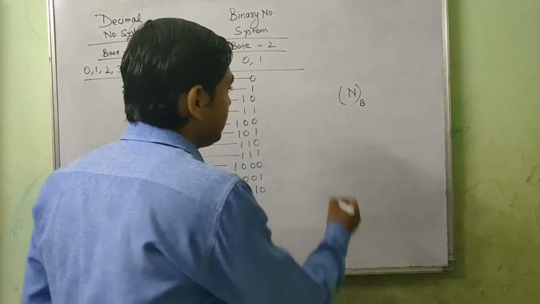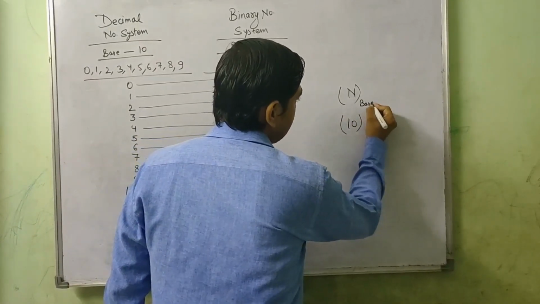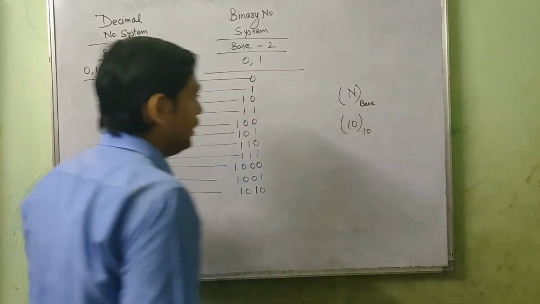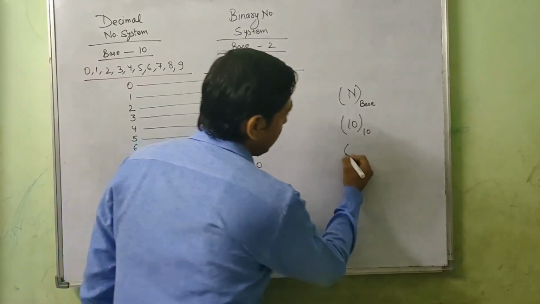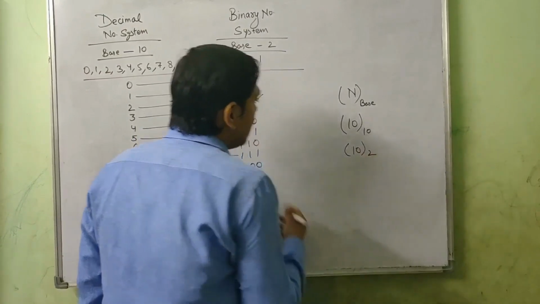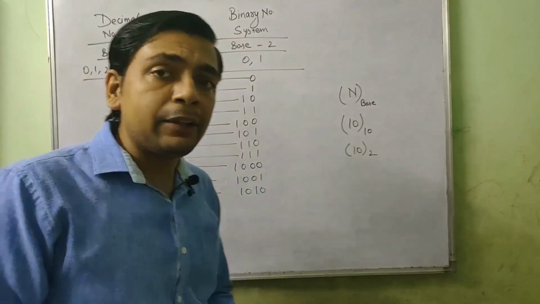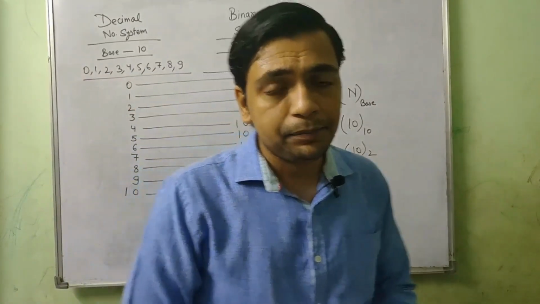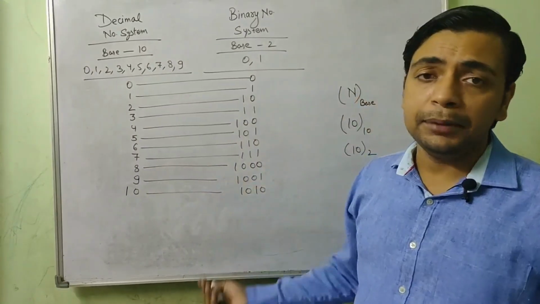Here the number is 10 in the decimal number system, so the base is 10. But if I want to represent this in binary, I will write 10 and the base will be 2. So it totally depends on what base you have written, that only decides which number you have written. So this was about decimal and binary and their equivalent numbers.